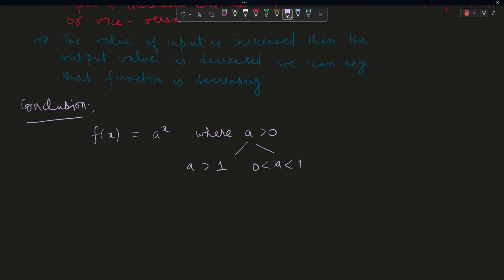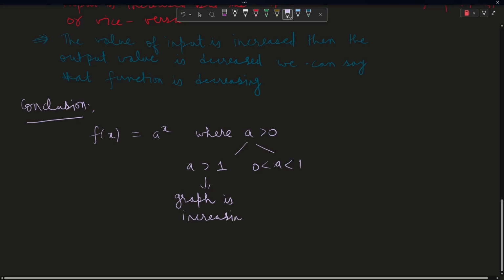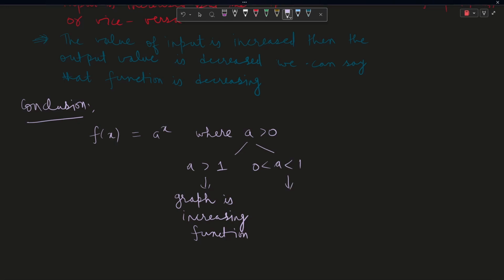When a is greater than 1, the graph behaves as an increasing function. But when the value of a is between 0 and 1, the graph behaves as a decreasing function.